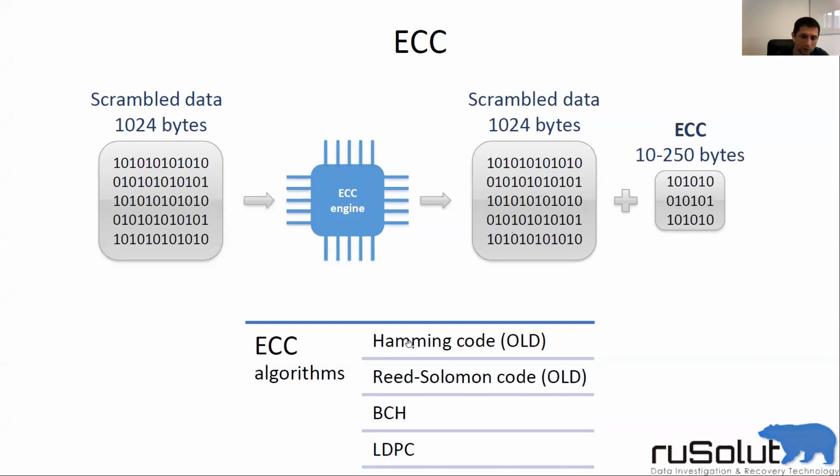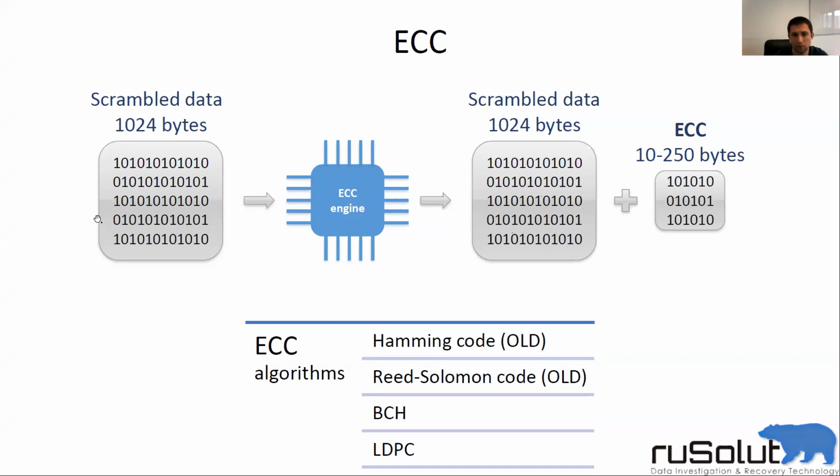And then using these algorithms, it first checks if this data has any errors. And if there are some errors, VNR will try to fix those errors with the ECC code from the page. So this is how it works.